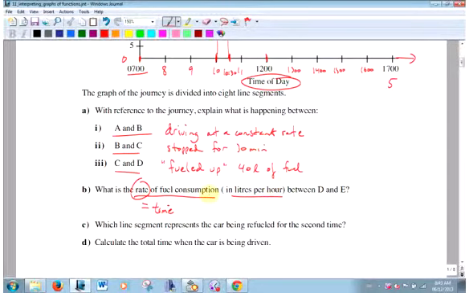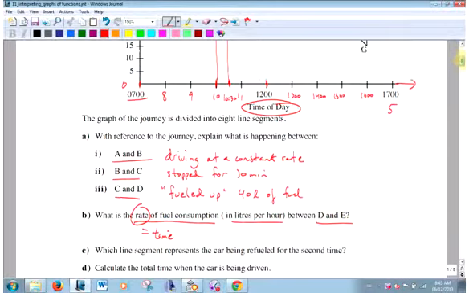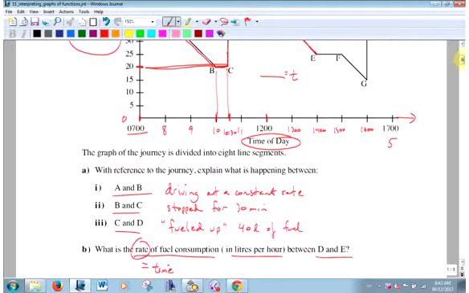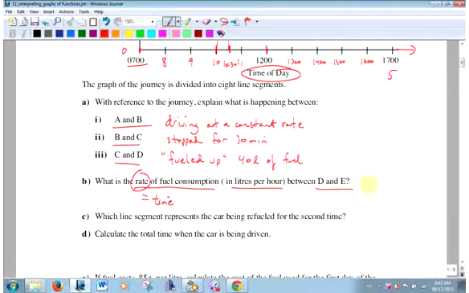I want the rate of fuel consumption in liters per hour between D and E. So I need to know from here to here, how many liters is that? And I need to know the time. Okay, a rate, look at the units.